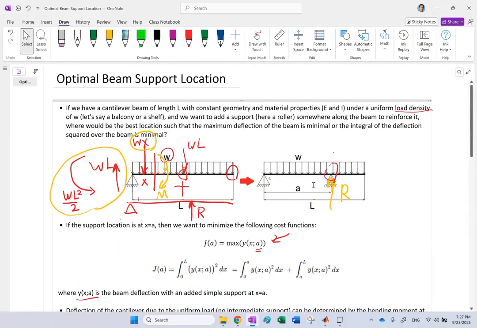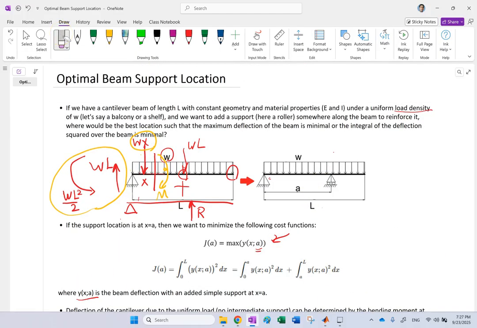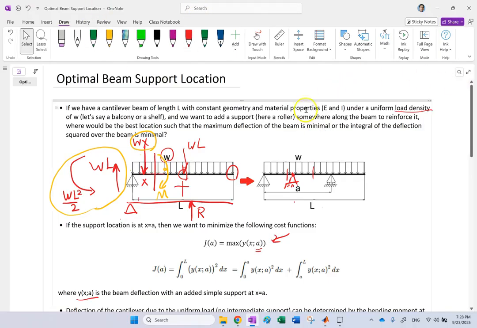Okay, so if I want to know which point is really the best point to put my support, it's a little bit over. If I divide the beam into 4 pieces, it's a little bit past the quarter of the beam, 0.27, 0.28. That is the best place if you want to minimize the total deflection or the maximum deflection.